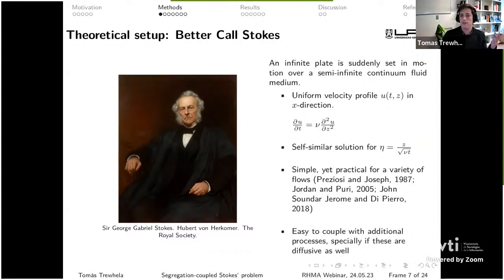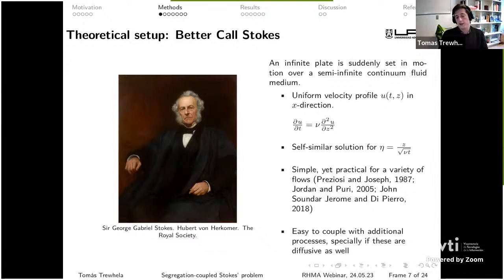Because the Stokes problem is basically a momentum diffusion problem in one direction. It consists of an infinite plate suddenly set into motion over a semi-infinite continuum fluid medium. The temporal evolution is tied to the diffusion of momentum in space via the viscosity.